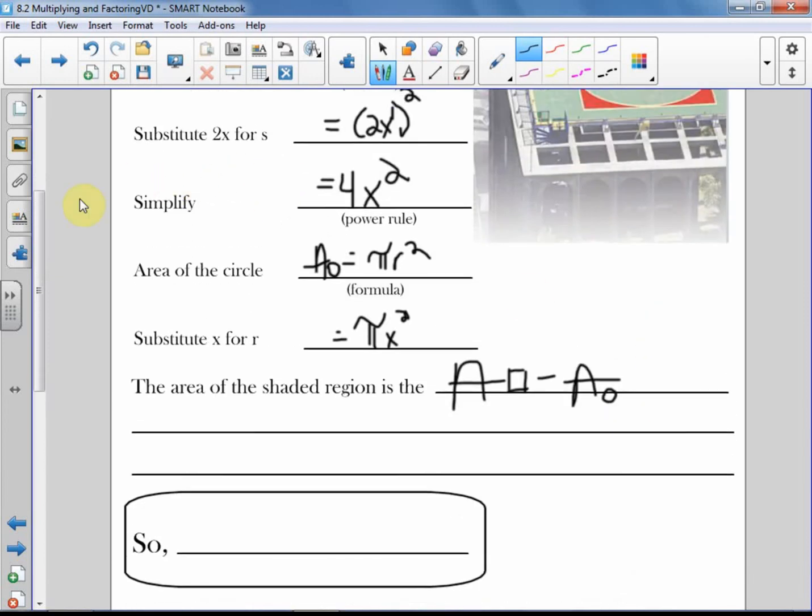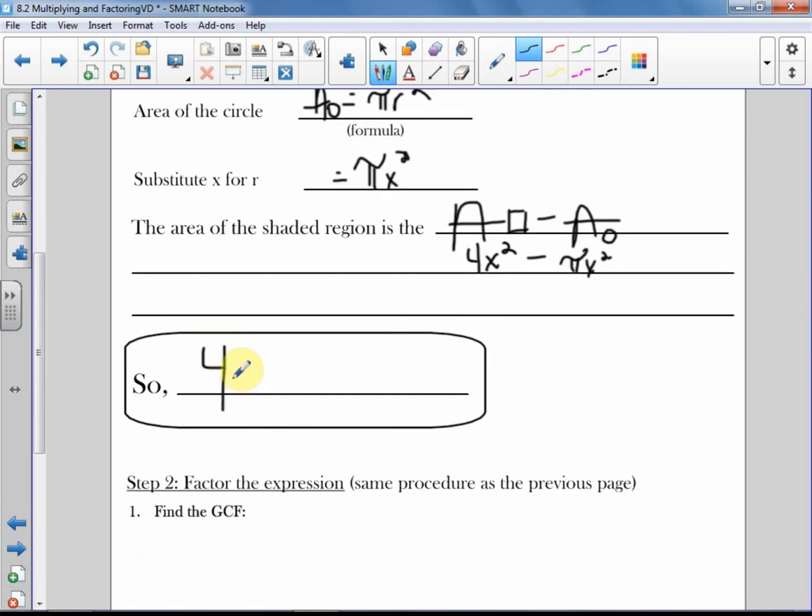I'm going to take the area of the square, which is 4x squared, and subtract the area of the circle, pi x squared.